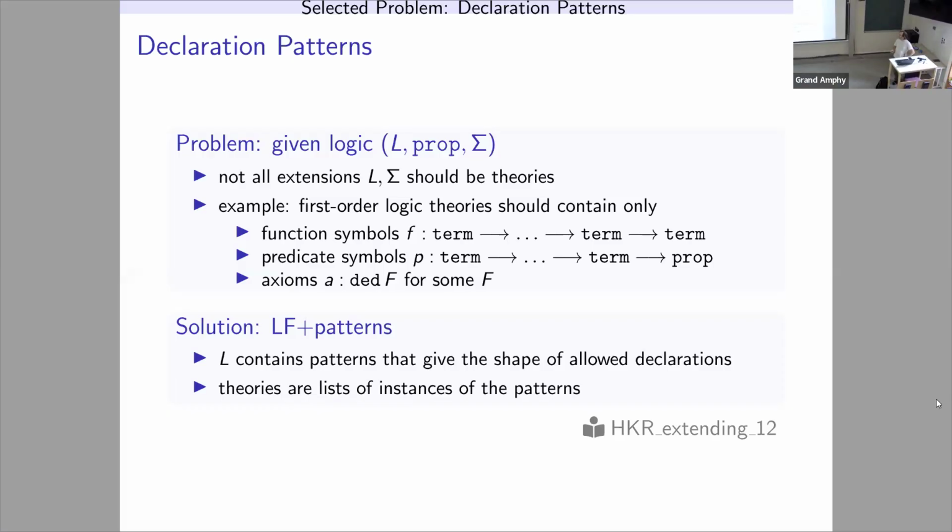But it would be more practical to have a version of LF where we can declare these patterns or templates so that when someone is writing a particular theory, the system can say, hey, you're doing something that's not allowed in first order logic. Are you sure? If we then want to build tool support, we could leverage that. We could write special tactics that are only sound if only these kind of things are declared.